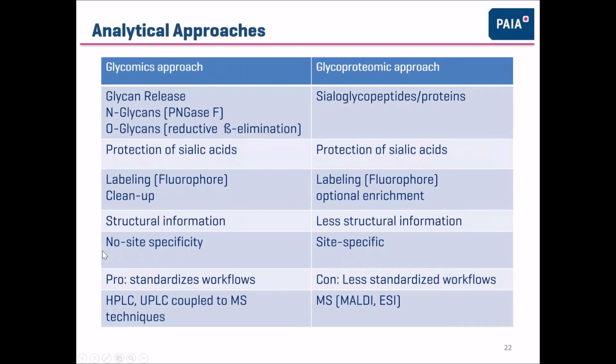Maybe what is important to highlight here, if you compare these 2 approaches, the glycomics approach has the big advantage that the workflows are largely standardized, which is not the case for the glycoproteomic approach, which is a lot more exploratory and needs more expert knowledge, and also a lot more complicated data analysis is required for this.